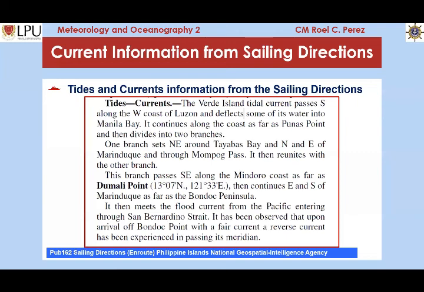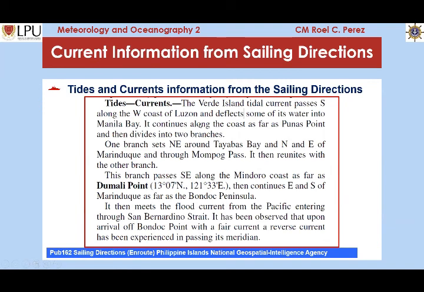Sir, ifofocus ka lang po sa Verde Island or isasama din po yung halimbawa po yung Balayan Bay? Hindi, mag-focus ka doon sa Verde Island tidal current. Hindi yung Verde Island lang. So, meron din papasok sa Balayan Bay, meron din papasok sa Batangas Bay. Nakalagay doon, di ba?